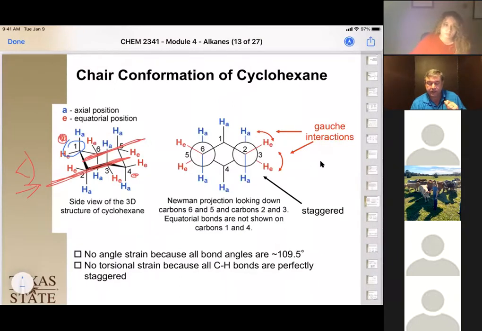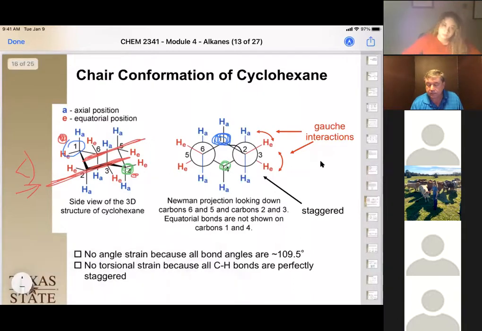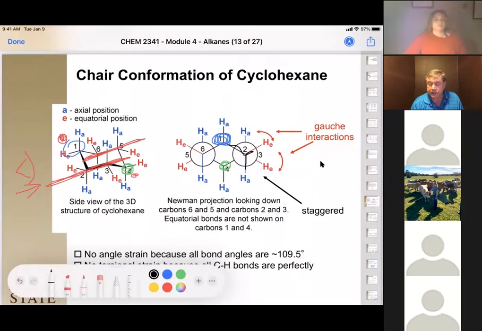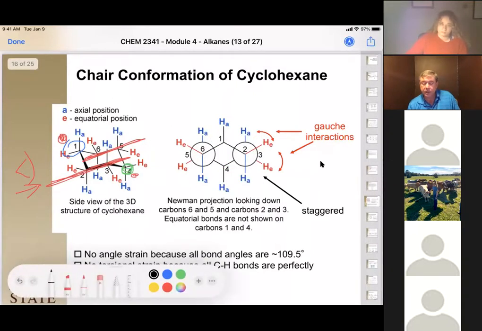All right. So this carbon is our front one, and this carbon is our back one. Just like before, the 2 carbons closest to us are going to have the lines that intersect in the middle, and the carbon behind is going to be the ring with those hydrogens or carbons attached to it behind. So now we have our Newman projection. Notice that every single atom here is staggered.